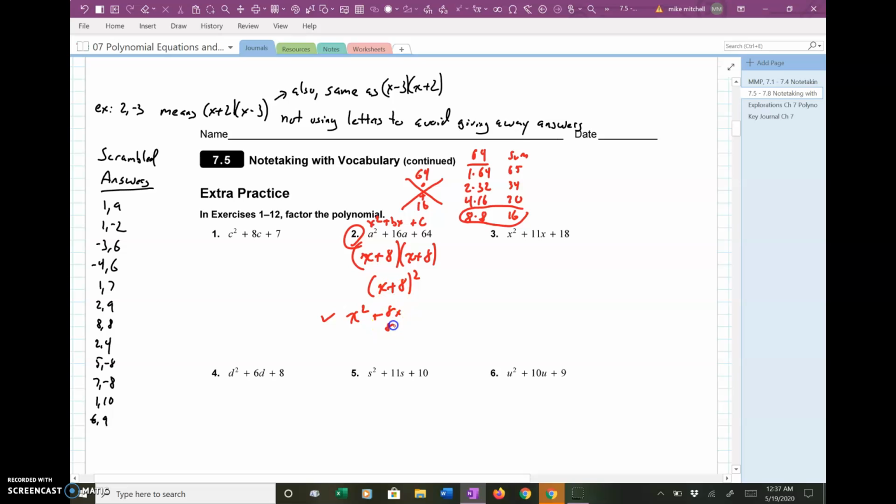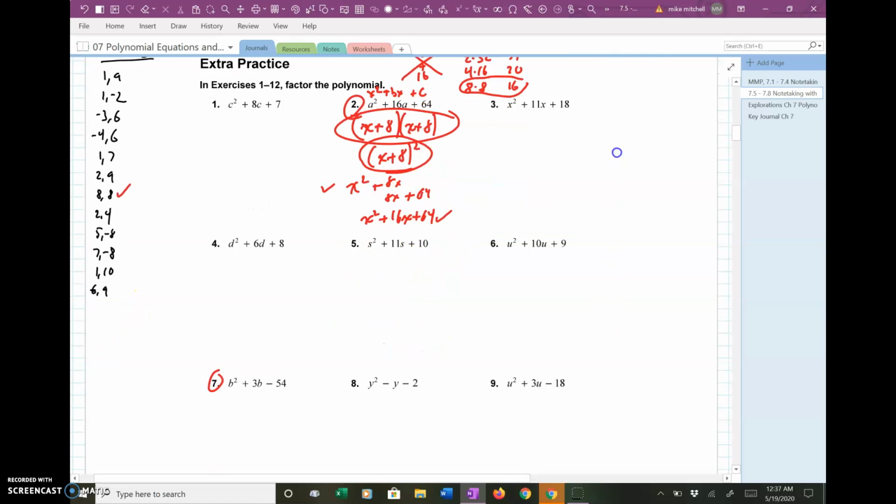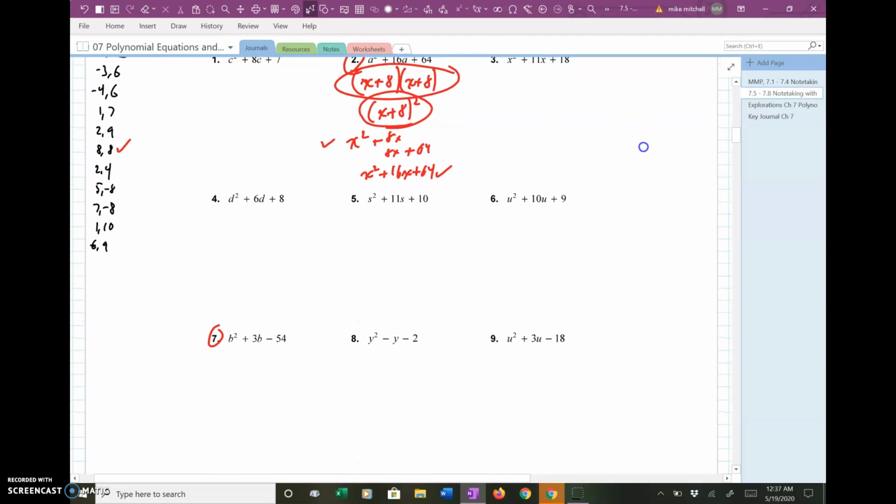Inner terms is 8x. 8 times 8 are my last terms. That's 64. X squared, 8x and 8x is 16x, plus 64, it checks out. There's my answer, or there's my answer. And that's going to be my 8, 8 over here. Plus 8, plus 8. That works. Let's try number 7 here.